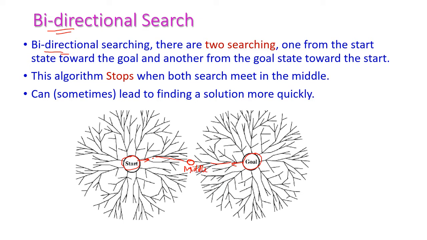Once the middle point is reached, the program will stop with a success message. Both searches meet at the middle, and the solution will be found more quickly, that is, the time requirement is only half.